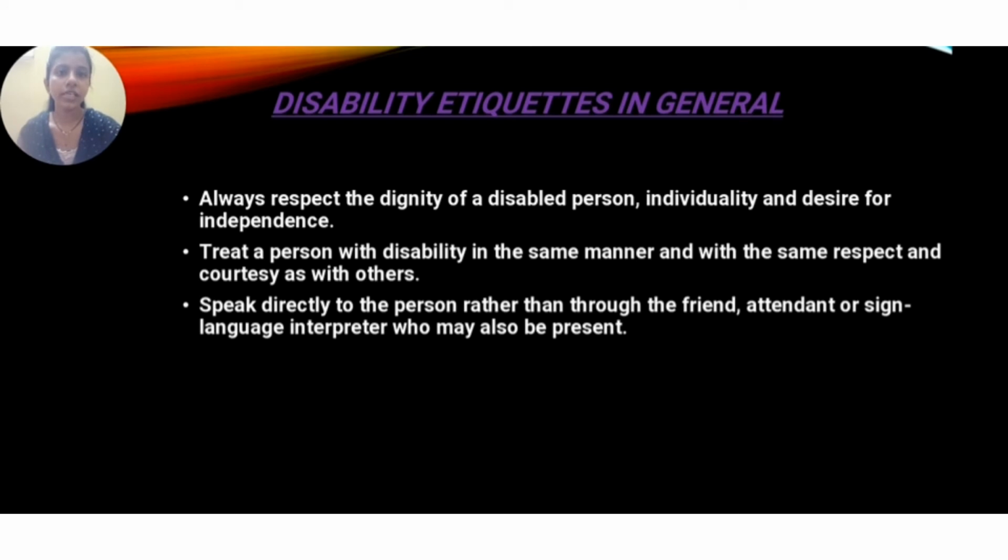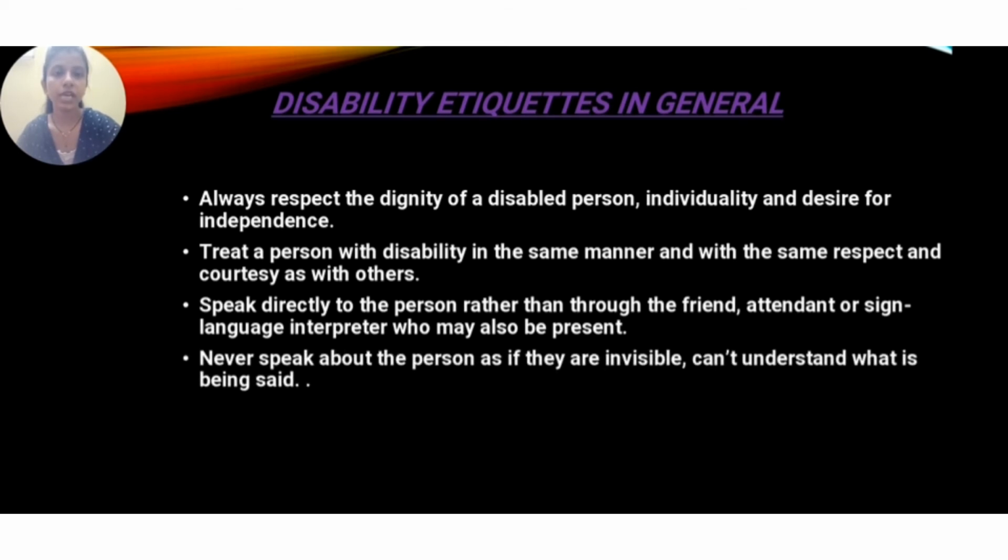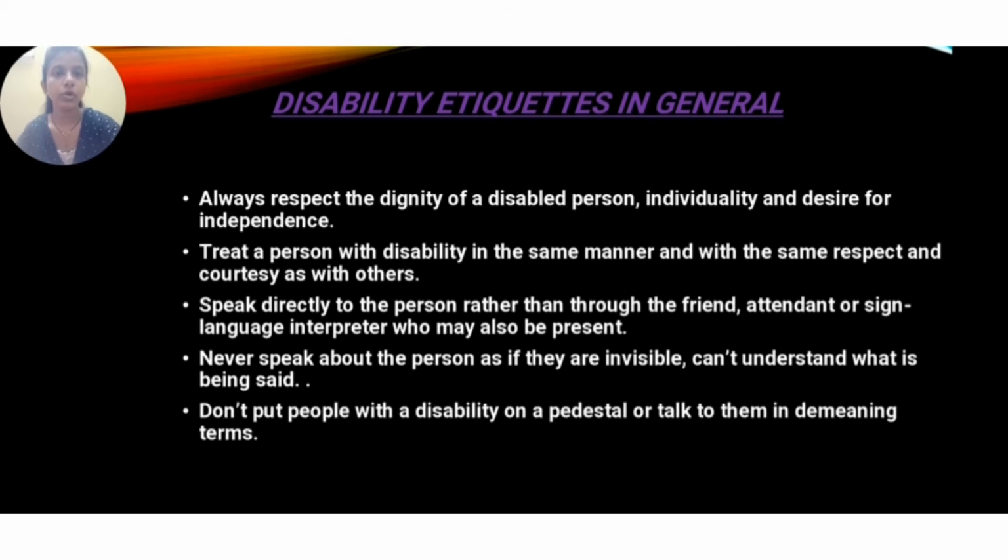Speak directly to the person rather than through the friend, attendant or sign language interpreter who may also be present. Never speak about the person as if they are invisible or can't understand what is being said. Don't put people with a disability on a pedestal or talk to them in demeaning terms.